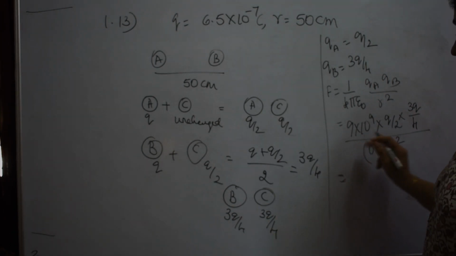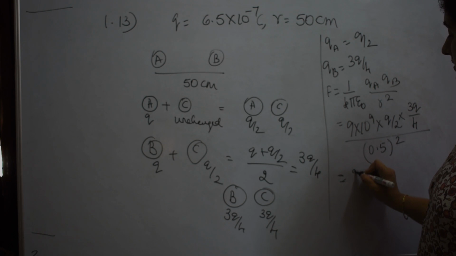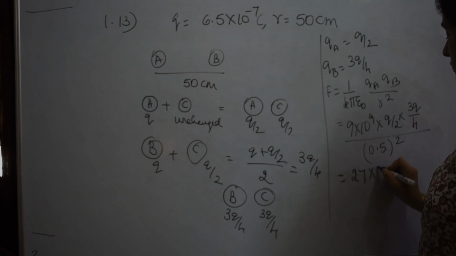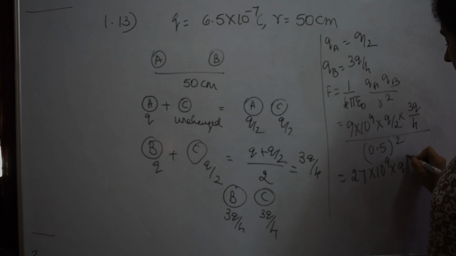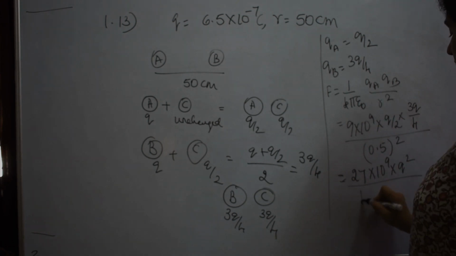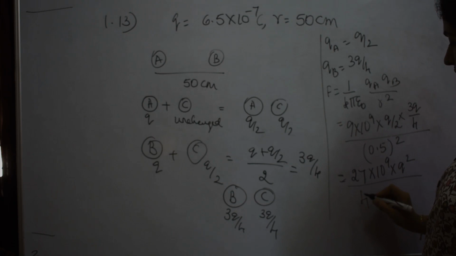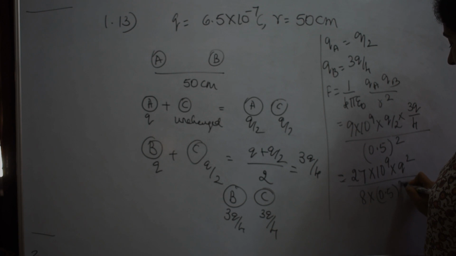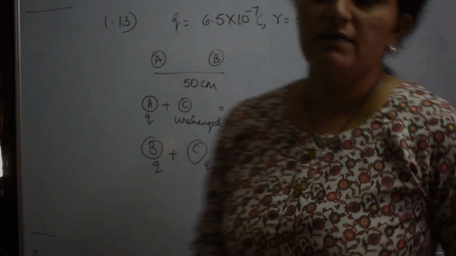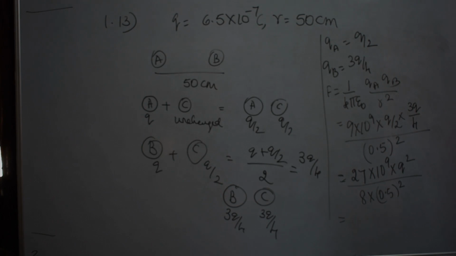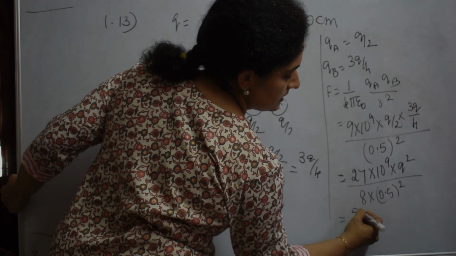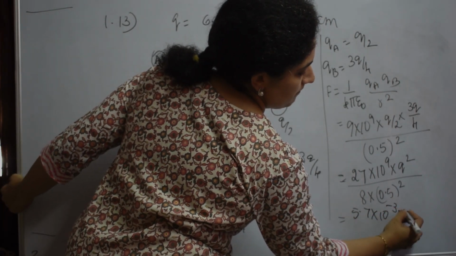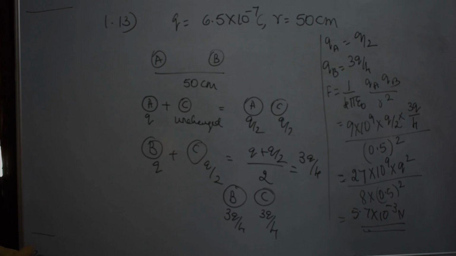So substitute these values. 9 into 3 is 27, 27 into 10 to the power 9 into Q square divided by 4 into 2, which is 8, into 0.5 square. Substitute the value of Q and the answer will be around 5.7 into 10 to the power minus 3 Newton.